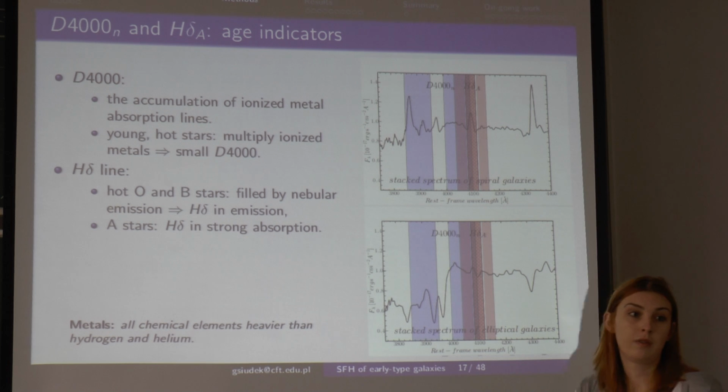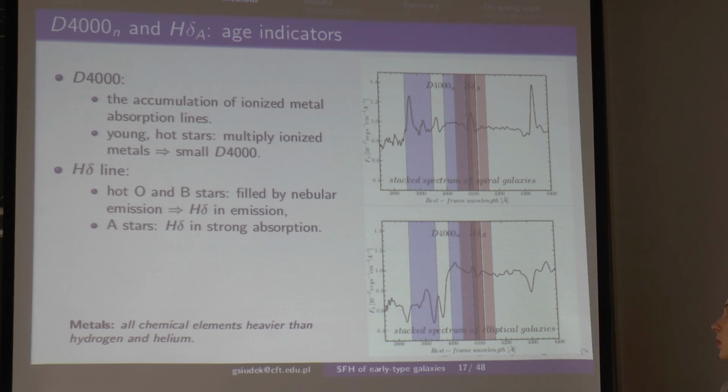These are two indicators of age, and D4000 is the ratio across a narrow wavelength range where we observe the accumulation of ionized metal absorption lines in the atmospheres of stars. In young hot stars we have a lot of multiply ionized metals, and the D4000 is small, and in old stars, which dominate elliptical galaxies, the D4000 is stronger.